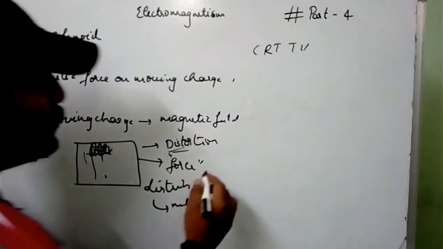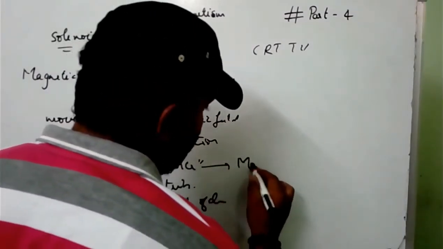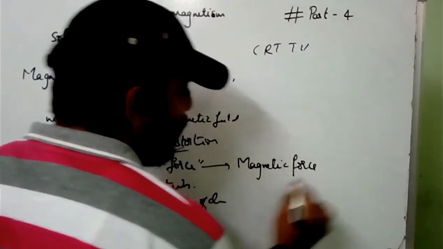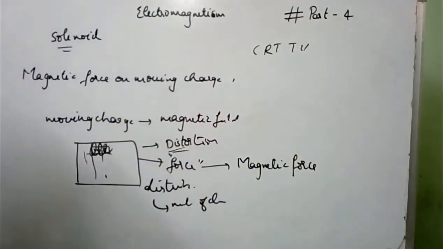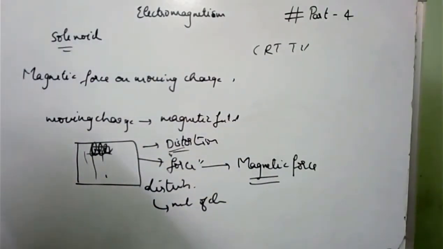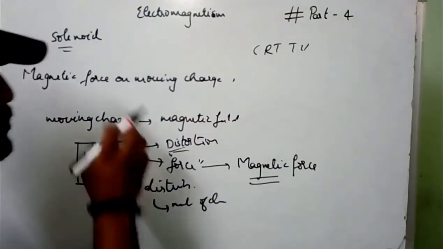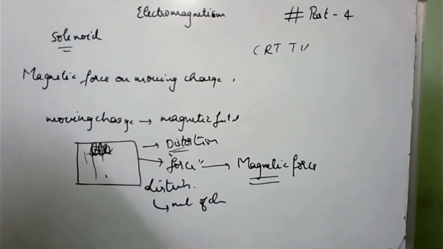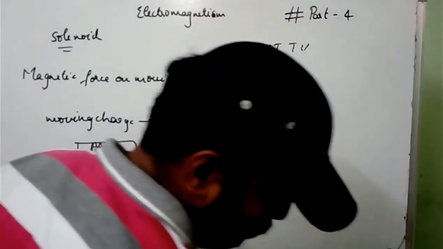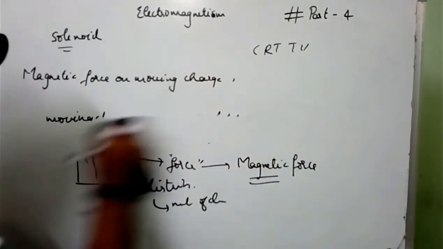Understood? Whatever magnetic field is produced around the bar magnet, it produces some sort of force, and that force disturbs the motion of the charges. What is that force? We can call it magnetic force. So we understood that a magnetic field produces a magnetic force, and that magnetic force has an effect on moving charges. Let's see the magnetic force on a moving charge.